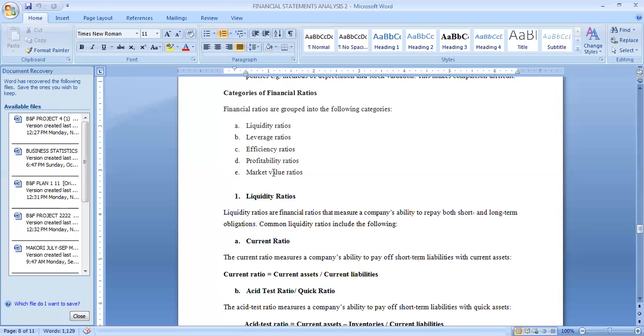So I want to use that particular question so that I can be able to calculate the liquidity ratios, that is the current ratio and the acid test or quick ratio, using that particular question as our example.